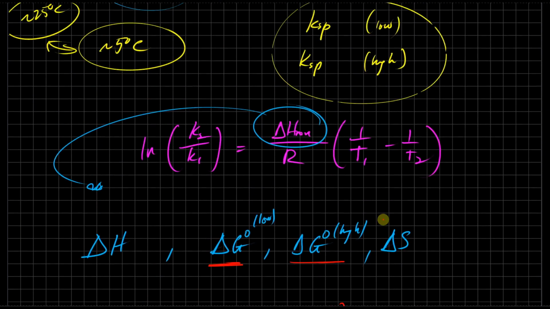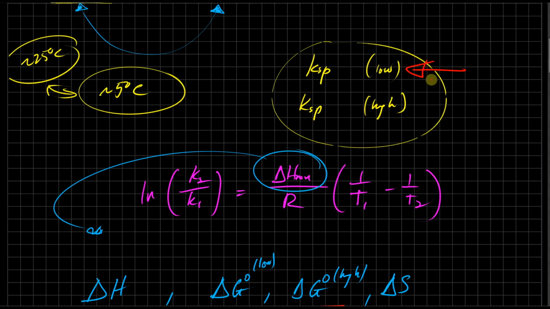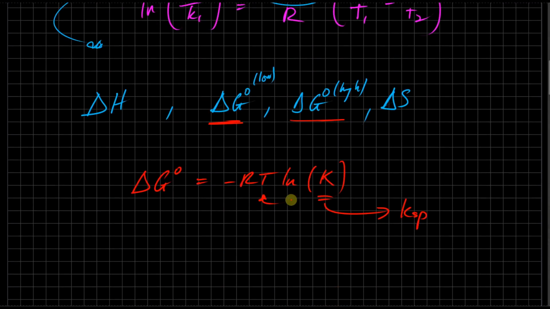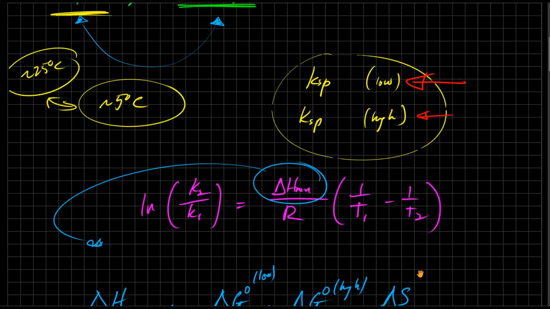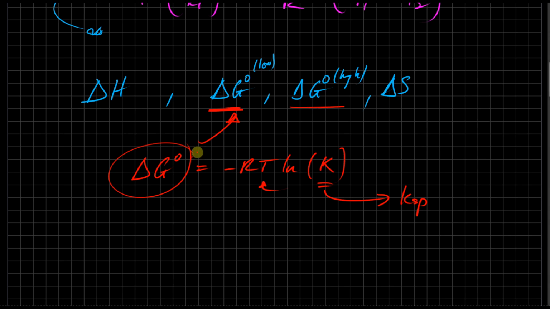So if we plug in the Ksp that we get at the low temperature, we'll get a delta G standard for the low temperature. We plug in the Ksp that we calculated at the high temperature, and we'll calculate the delta G standard for the high temperature. So in this way, we'll calculate two different delta Gs, one for low temperature and one for high temperature.